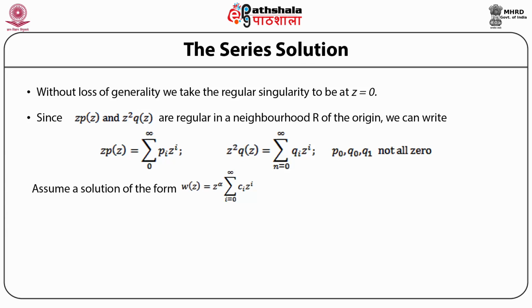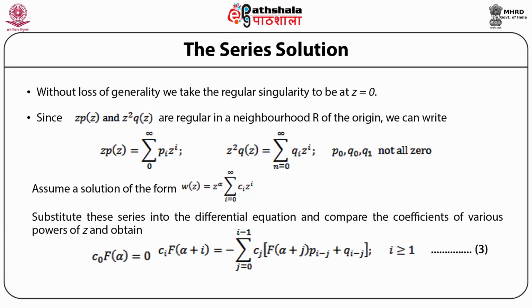Let us assume a solution of the form w(z) is equal to z raised to power alpha summation over i going from 0 to infinity c_i z raised to power i. If we substitute these series into the differential equation and compare the coefficients of various powers of z, we obtain the following recurrence relation. C0 times capital F of alpha is equal to 0.